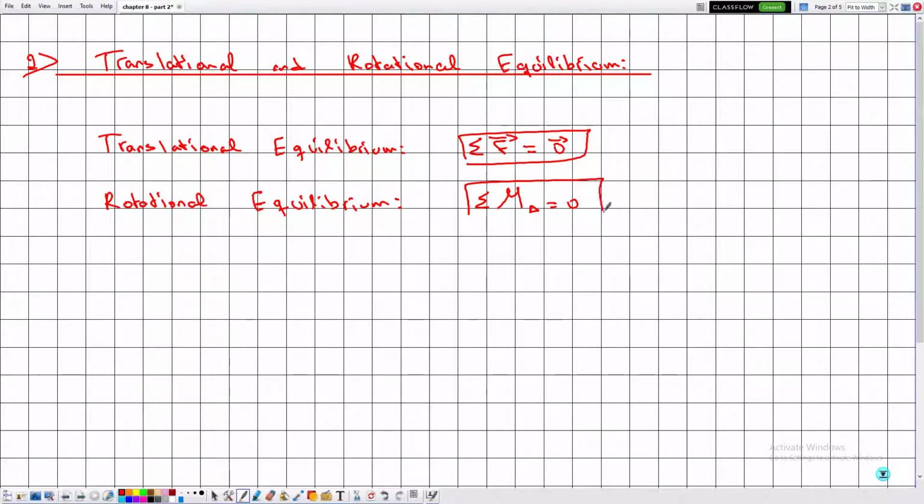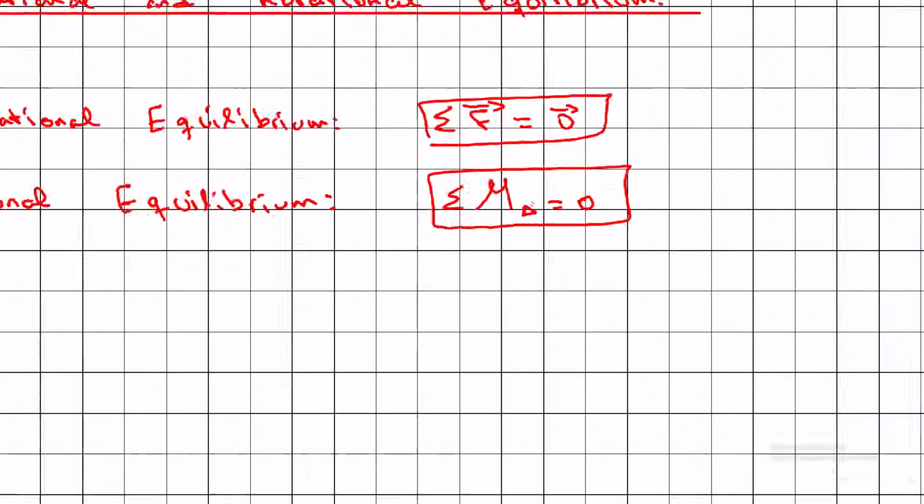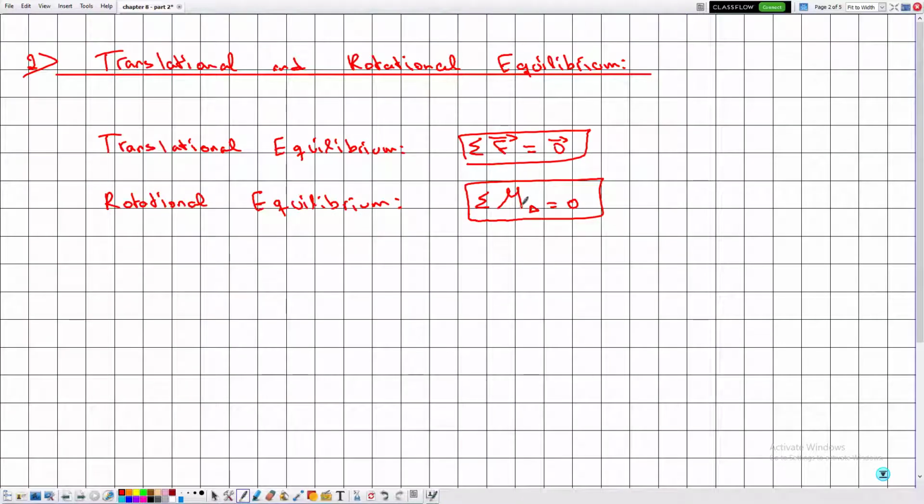And here there is no need to place any vectors, because as we have seen, although the moment comes from a vector quantity which is due to a force, it is a scalar quantity, okay? And here take into consideration that we are talking in 2 dimensions only, not 3 dimensions or 4 dimensions. So this is the rotational equilibrium, okay?